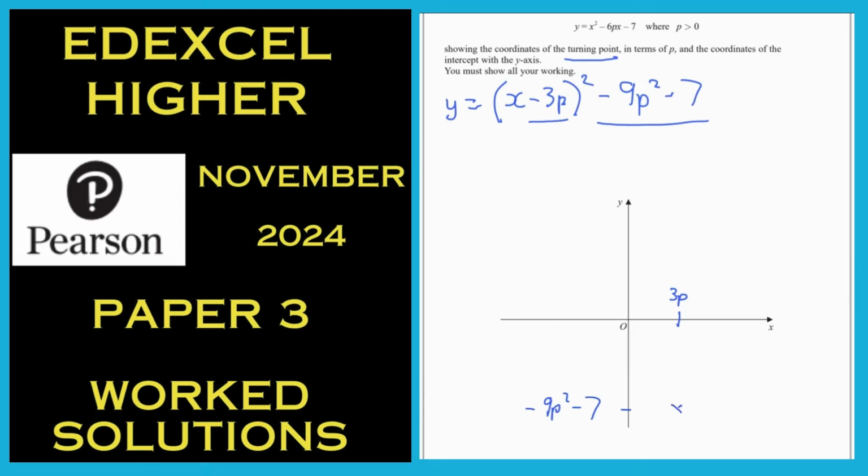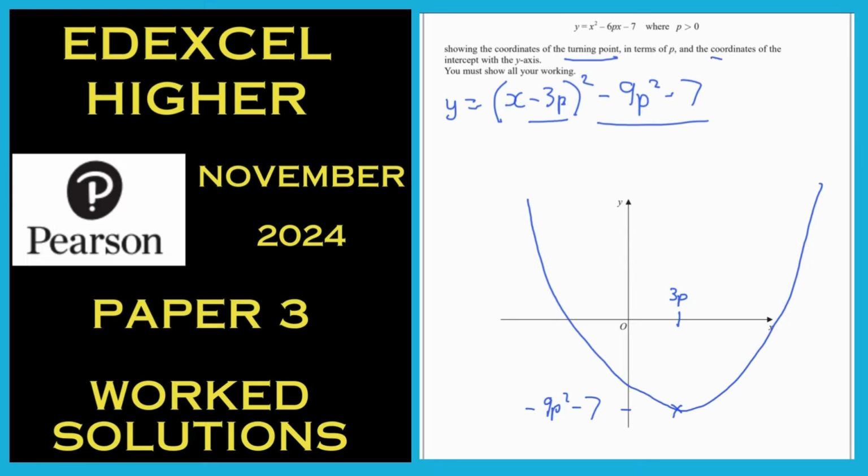So that's where our turning point should be. And there's no scale required. It does not ask for these solutions. No one's interested. The examiner's interested in getting what I've just put on there. We've got the shape, we've got the coordinates of the turning point, we're up to 4 marks.